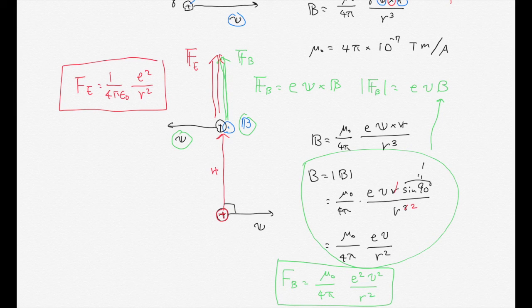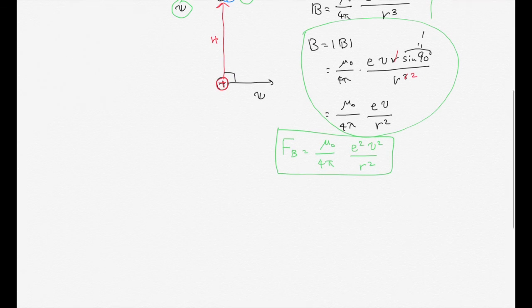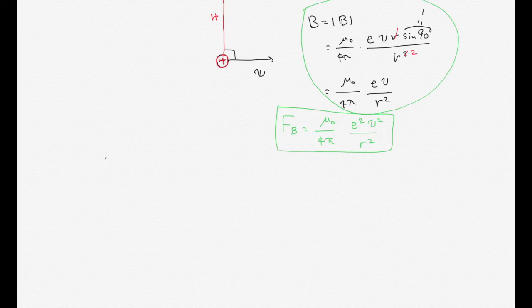Then we'd like to compare these two forces. When we compare the two forces, we have to create a ratio, as I explained before. So F sub B over F sub E, the electric force.